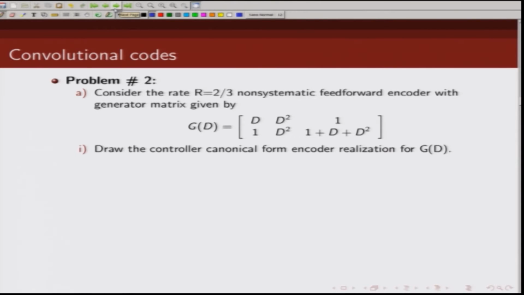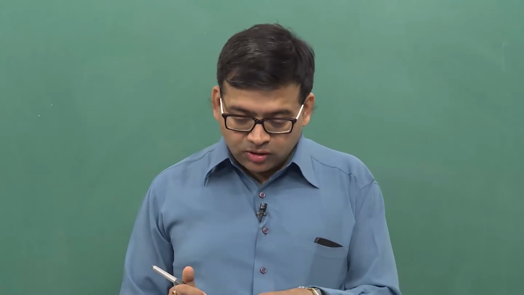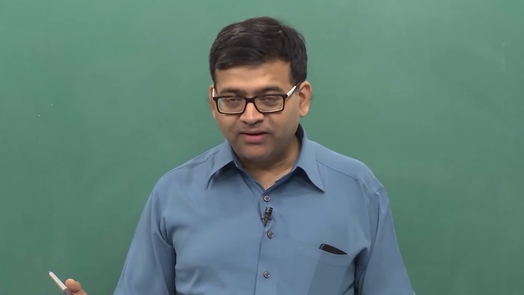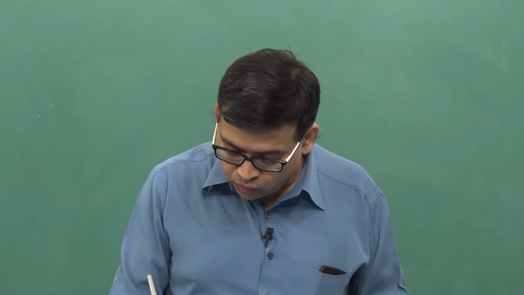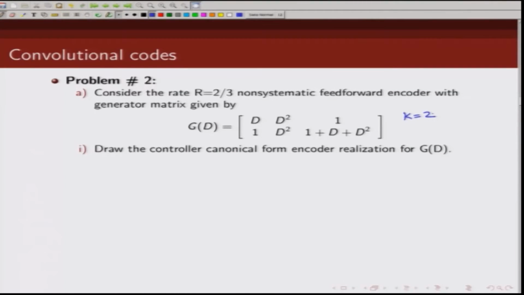Now, in controller canonical form realization, we have one set of shift registers for each input. How many inputs do we have here? K is 2. So, we will have 2 sets of shift registers, one for the first input and a second set for the second input.